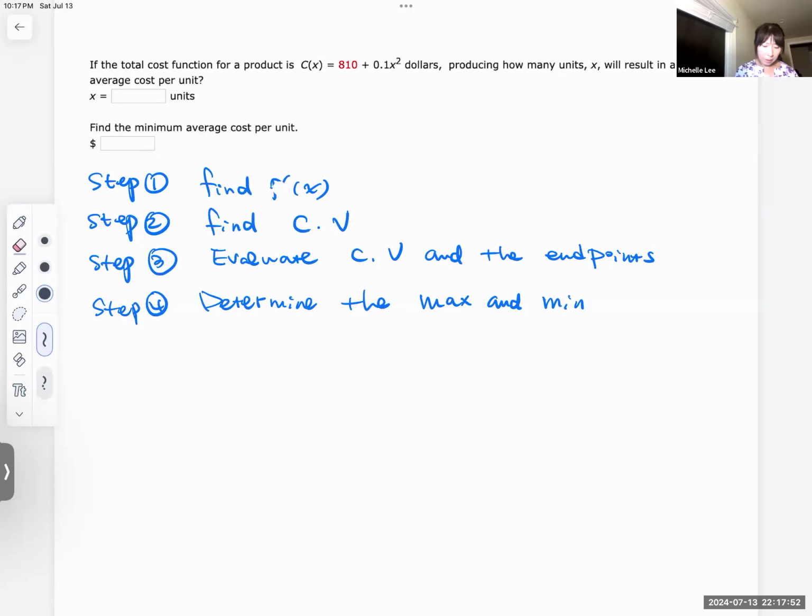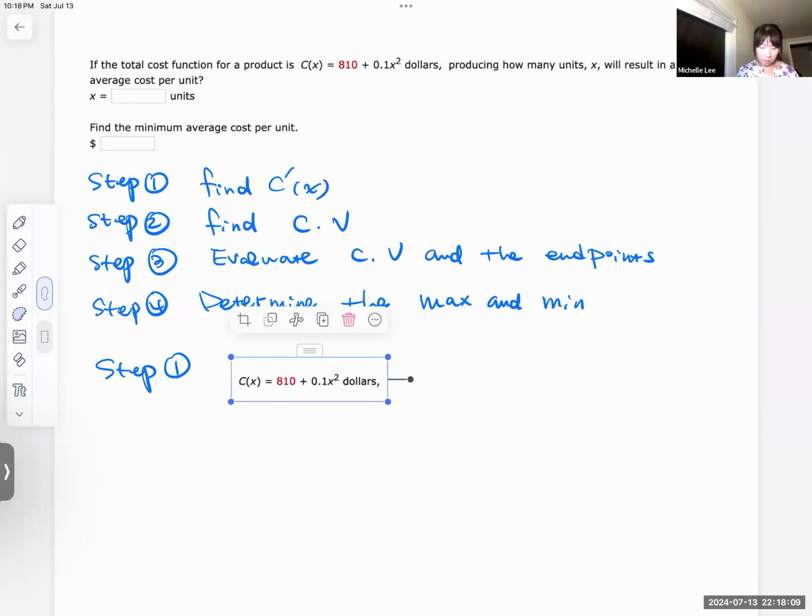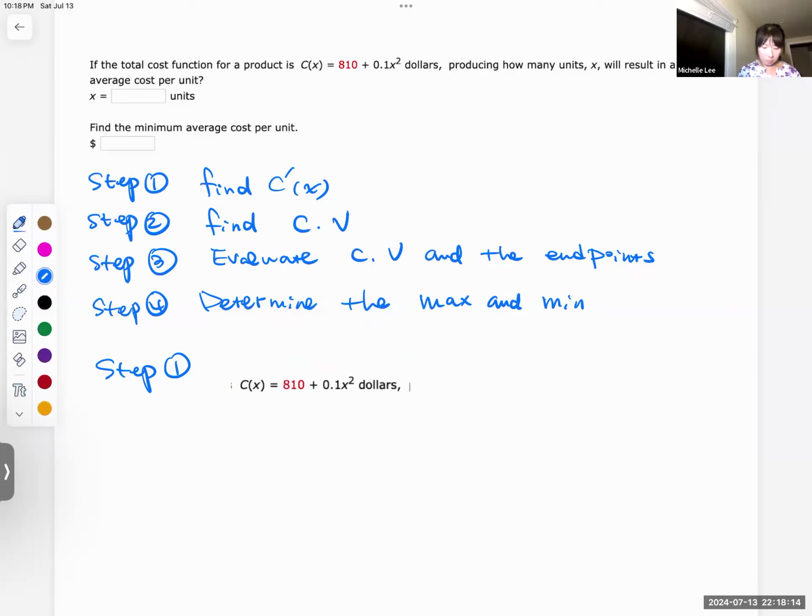So in the case of C prime, step 1. So we have the function and C prime. Hold on 1 second.